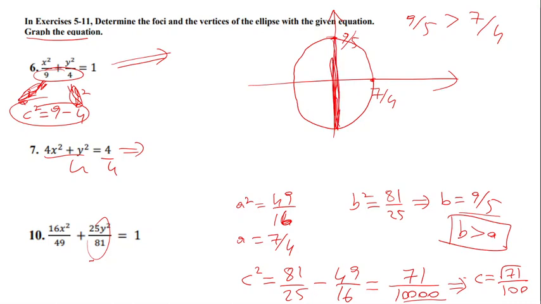So this is the major axis. Where is C? C is square root of 71 over 400, and this will be minus square root of 71 over 400.